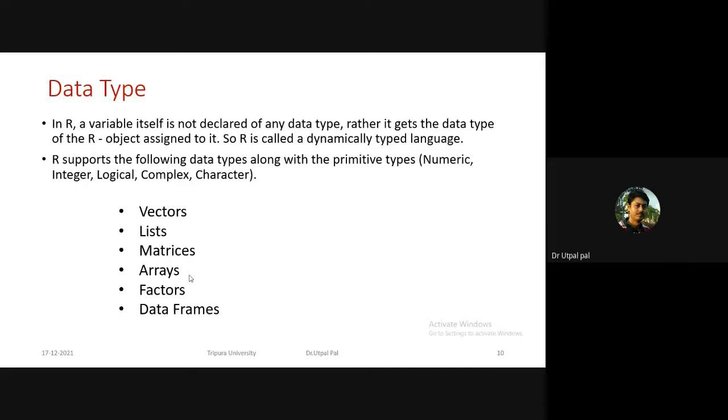R supports the following data types. Apart from the basic types like numeric, integer, logical, complex, and character, which are called primitive types, R supports vectors, lists, matrices, arrays, factors, and data frames.